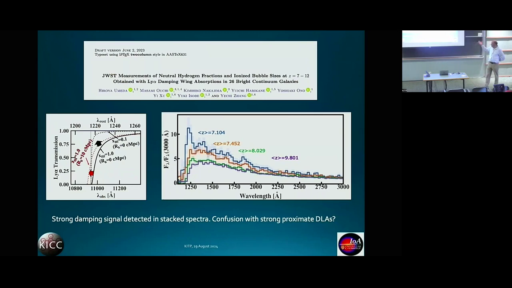So this can be easily mistaken for actually having more neutral hydrogen in the galaxy itself. My view on this is that there's so much data now and such large galaxy samples that you should be able to discriminate between the two. So you should be able to know which ones are the ones that have the DLAs by looking for metal lines and looking just at the samples, and you should be able to identify the ones that are less sampled.